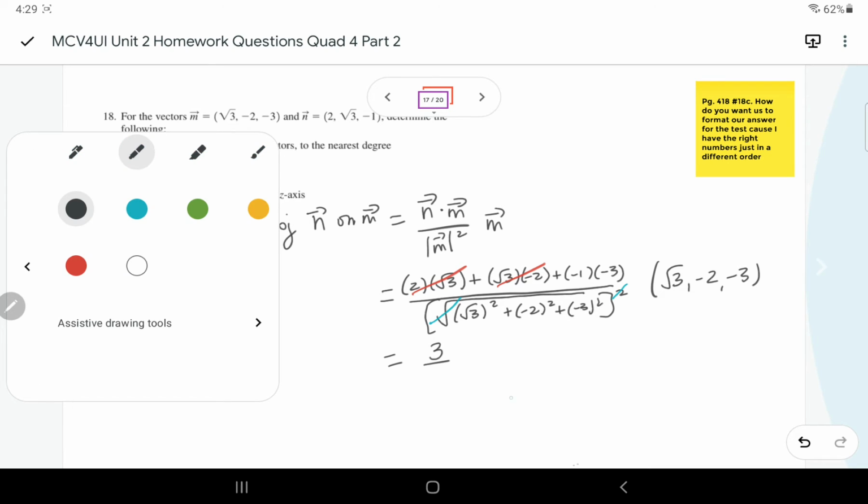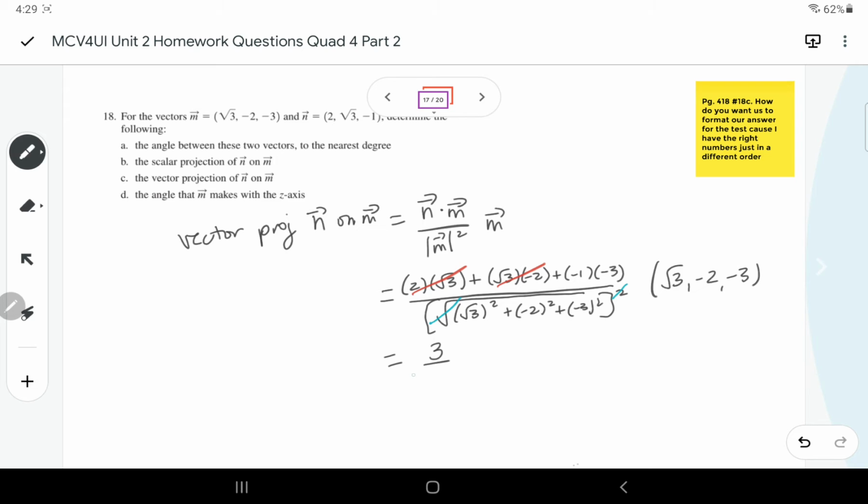And inside there, I have root 3 squared, pardon me. So root 3 squared is 3, and -2 squared is 4, and -3 squared is 9. So here I get 3 over 16. Whoops, I'd still have this, root 3, -2, -3.